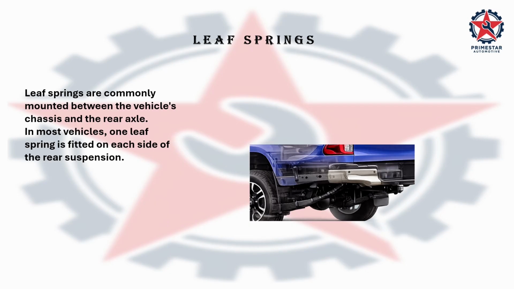Leaf springs are commonly mounted between the vehicle's chassis and rear axle. In most vehicles, one leaf spring is fitted on each side of the rear suspension.